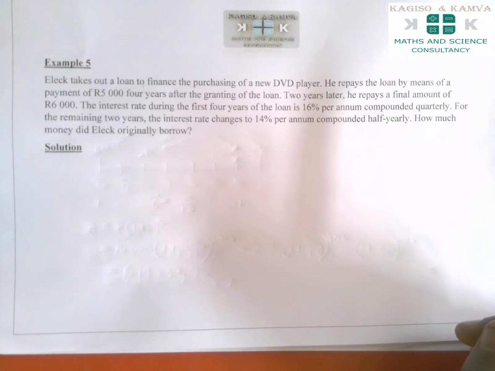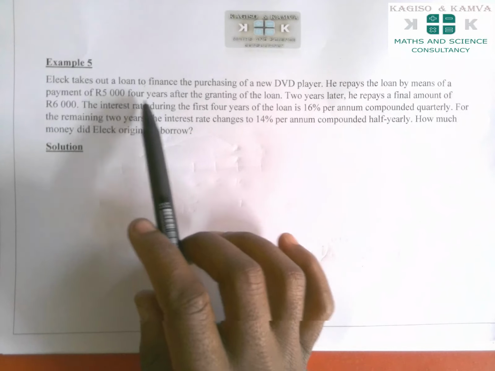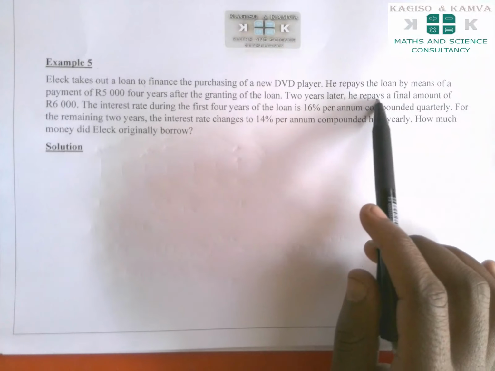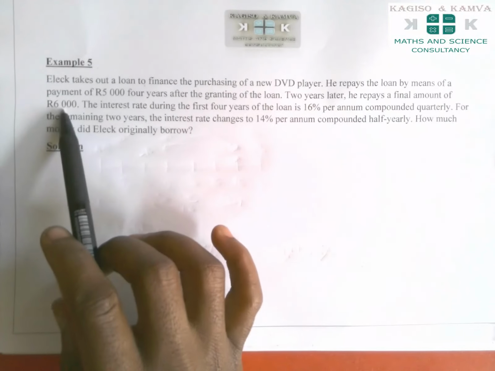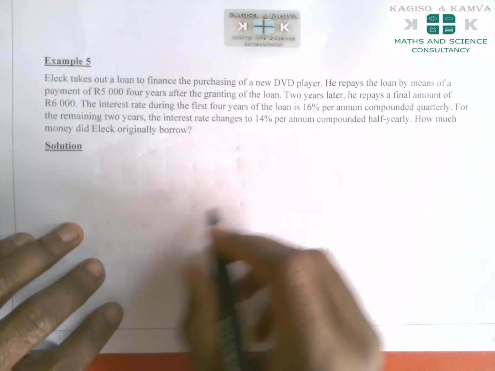So we have to get the total period for the loan. We know that 4 years later he paid 5,000. 2 years later he repays a final amount of 6,000, so the period for the loan is 6 years.